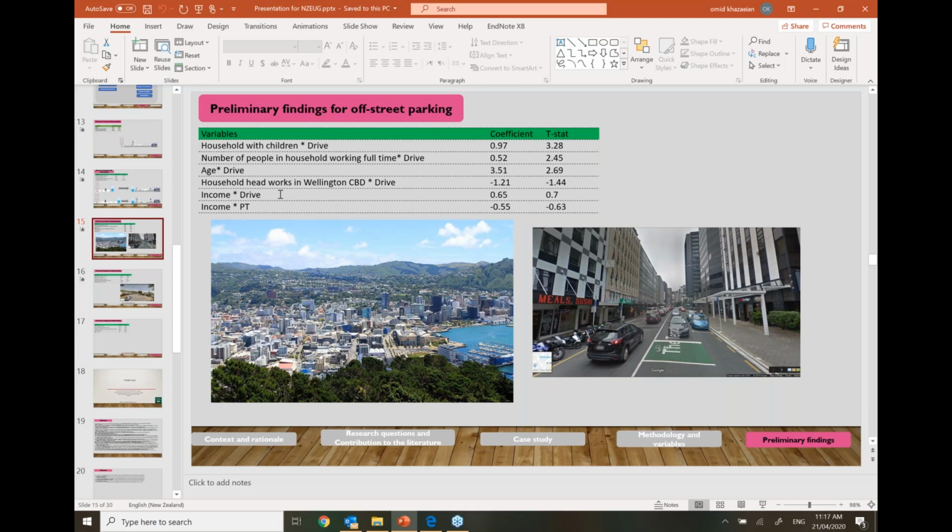So I think at the end I can compare the results of parking at home and parking at the workplace, and hopefully come up with an interesting conclusion to help improve parking policies here in Wellington.